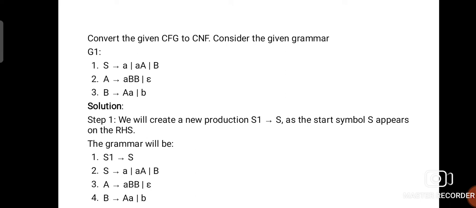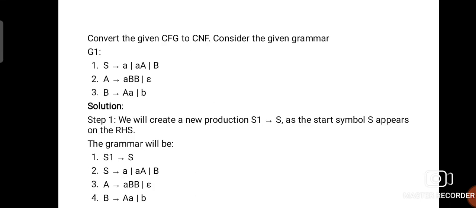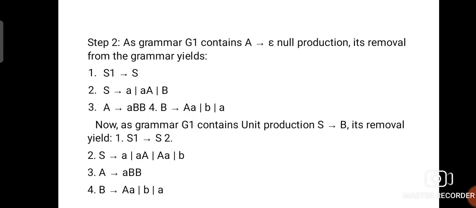So first of all, we have to do the necessary rearrangements, and before converting any grammar into CNF or GNF form, first of all we have to do some pre-processing. Like, first of all we have to eliminate the null productions, unit productions and useless symbols.